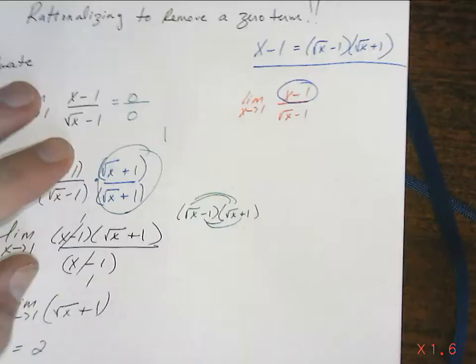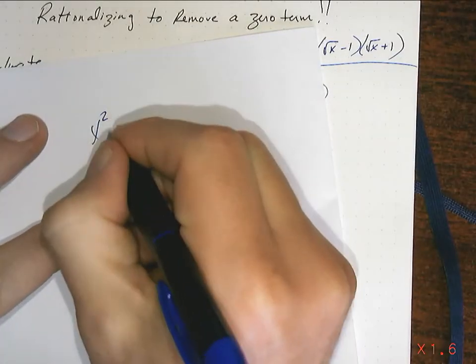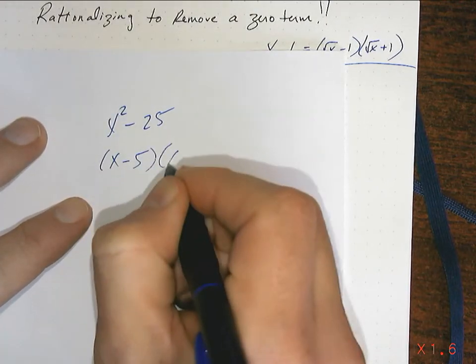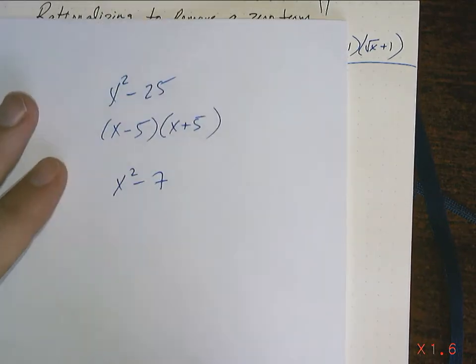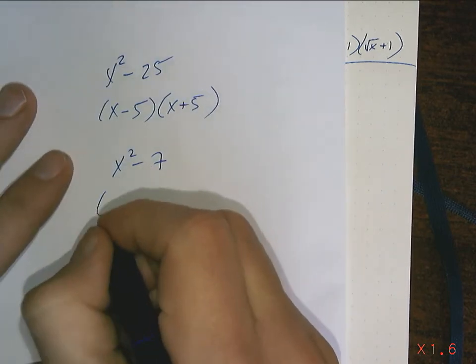Look, I'm going to grab another piece of paper. This is what I'm trying to tell you. X squared minus 25. Oh, that's a difference of squares, okay. X squared minus 7. Nope, can't factor that. Yeah, liars.